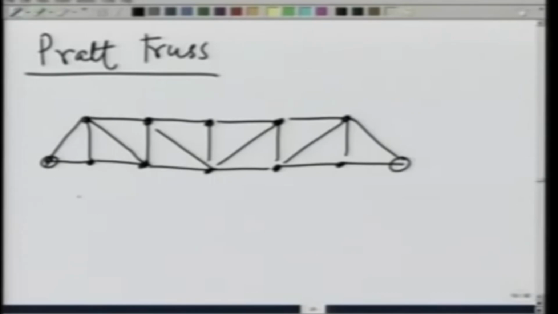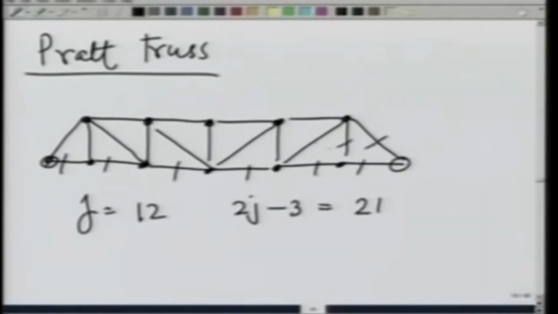Let us see the number of joints here: 1, 2, 3, 4, 5, 6, 7, 8, 9, 10, 11, 12. So, j is 12 and 2j minus 3 is 21. Number of members is 1, 2, 3, 4, 5, 6, 7, 8, 9, 10, 11, 12, 13, 14, 15, 16, 17, 18, 19, 20, 21. So, this is a statically determinate truss and capable of remaining in equilibrium.